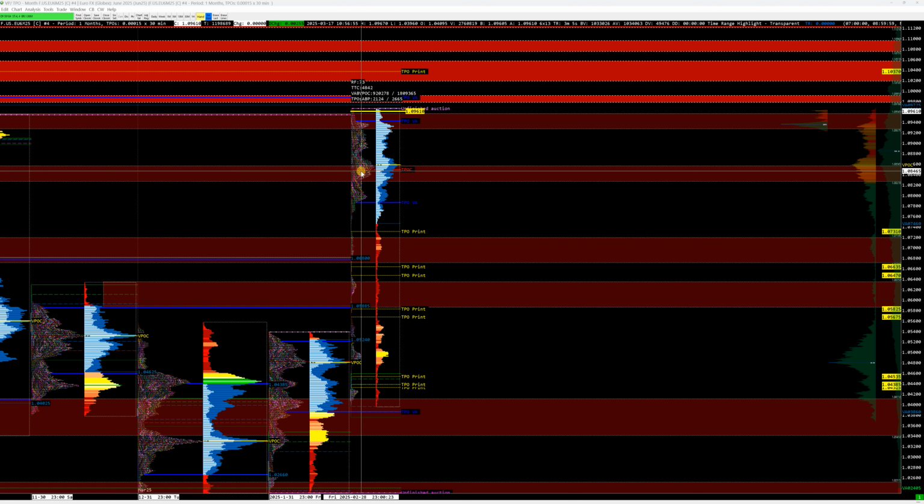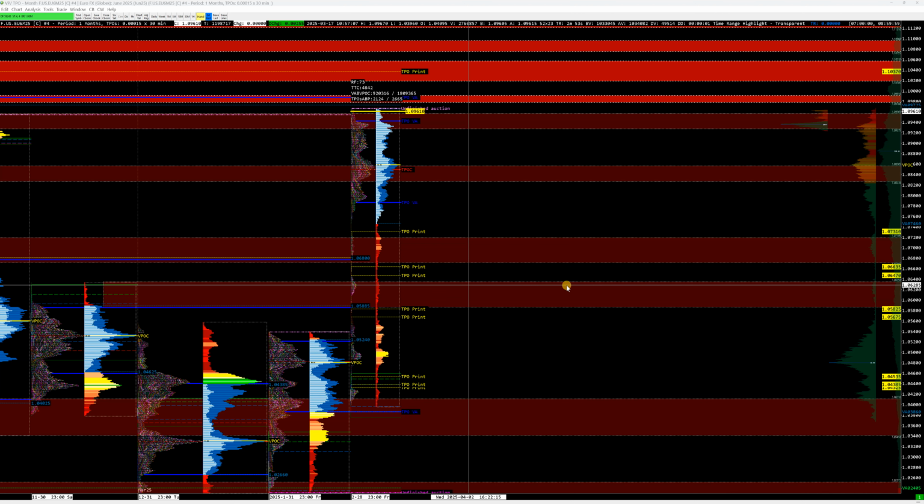Then one of the large focuses here as well is really to look at low volume nodes, i.e. where we didn't have any volume transacted, and project those areas forward, as indicated here by those rectangular projected red lines, understanding that these areas, these low volume nodes, will be revisited in the future.